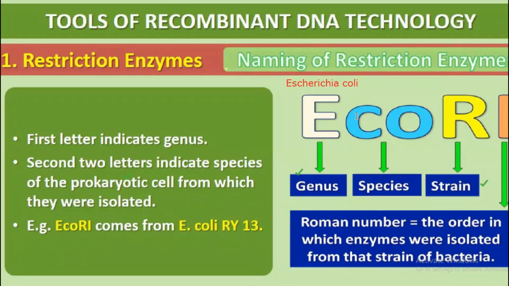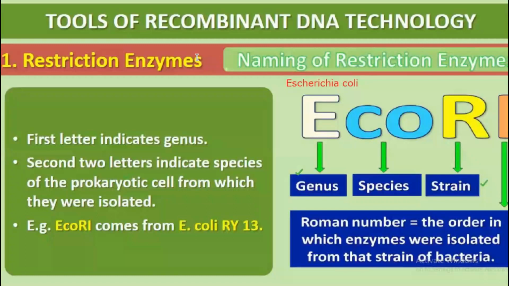The second letter and the third letter indicate the first two letters of the species name. Coli, CO. Second two letters indicate species of the prokaryotic cell from which they were isolated. Then the name of the bacteria is Escherichia coli. Actually, that is RY13.